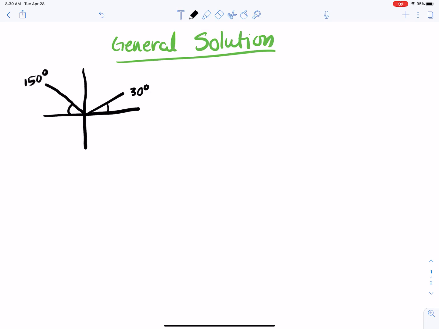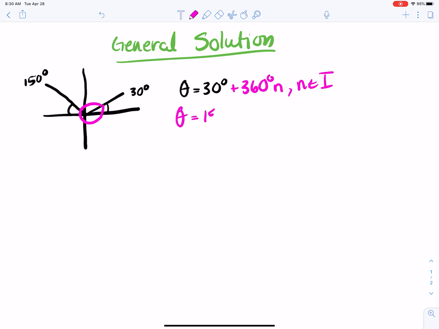If I asked you to find the angles coterminal to that, I think you'd be able to do it where you would say, okay, well, theta is equal to 30 degrees, and everything coterminal would be adding a complete rotation. And we would put an n to it, indicating that n has to be an integer because we can only deal with full rotations. And the integers includes the negative numbers as well.